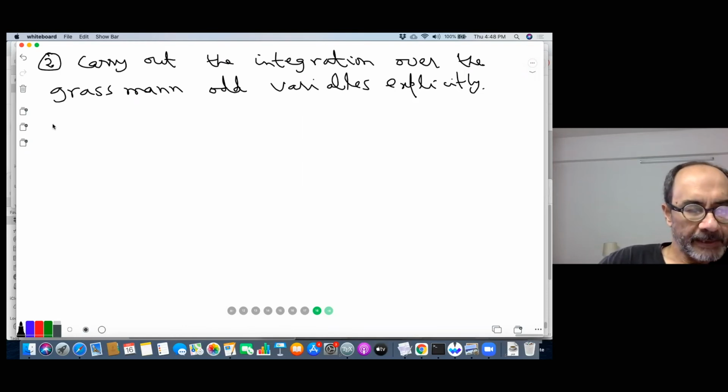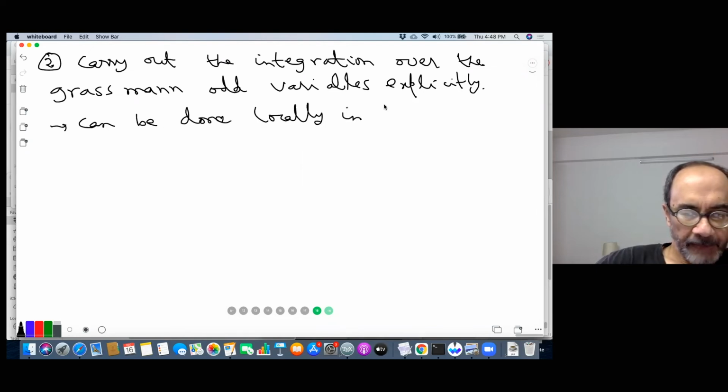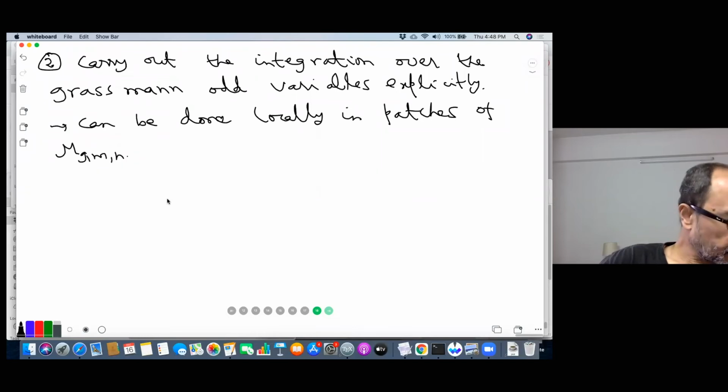This can be done locally in patches of M_{g,m,n}.